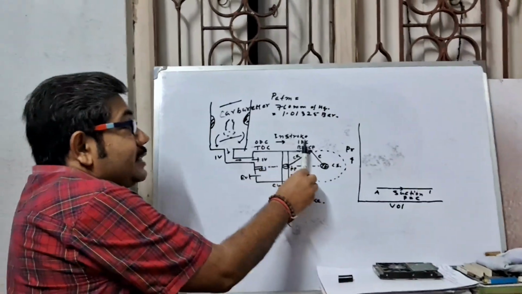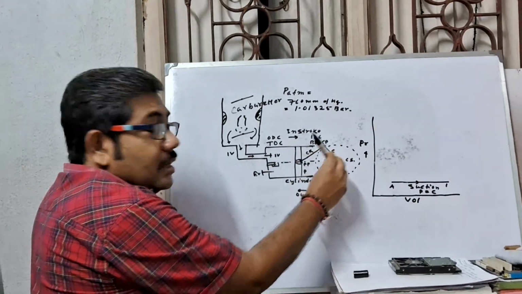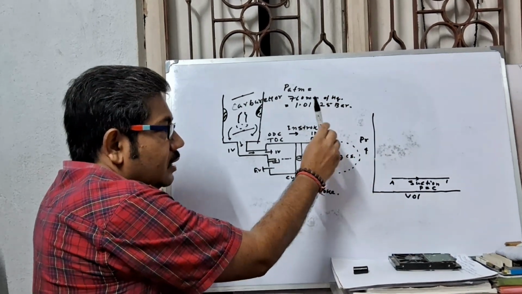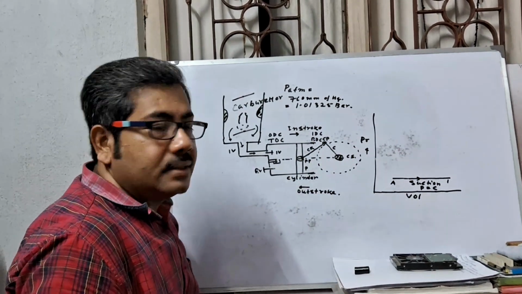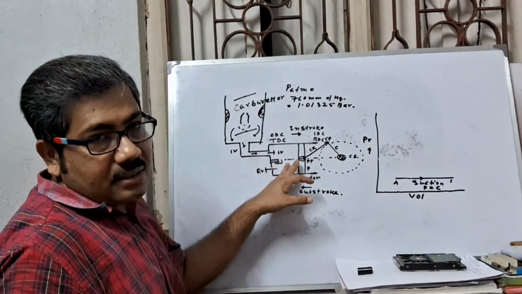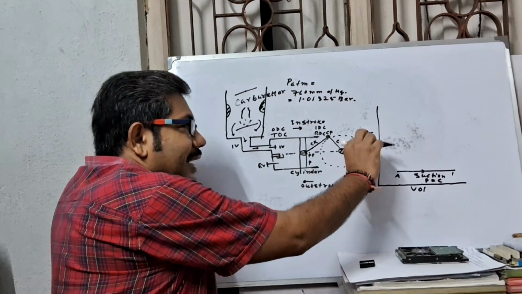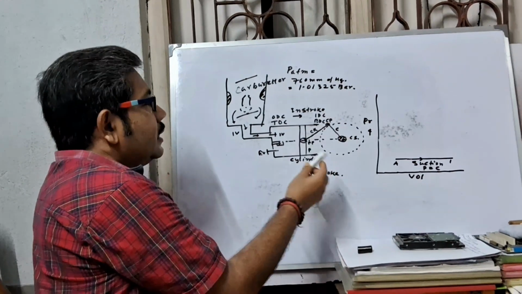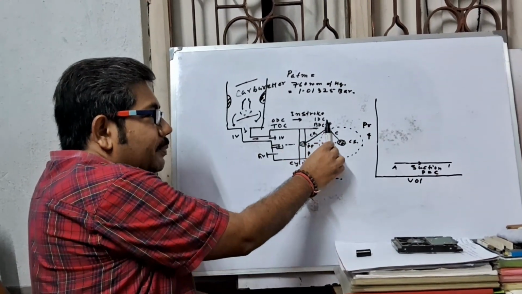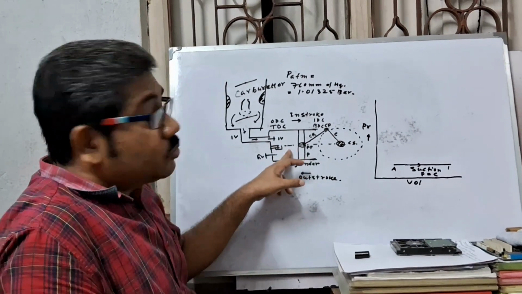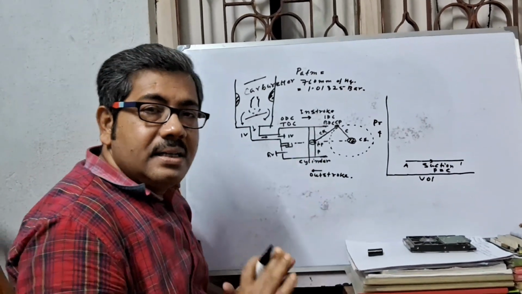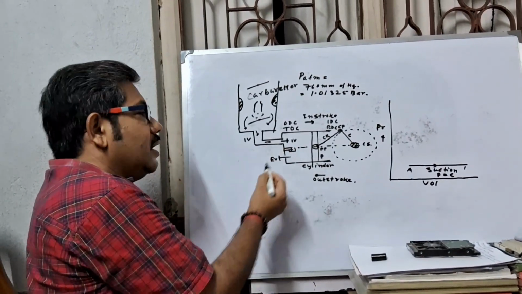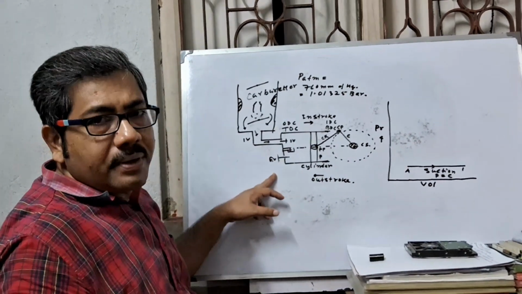When the piston reaches BDC, that means the crank rotates from negative x-axis to positive x-axis, then suction is completed. That means the air petrol mixture has entered the cylinder. As the crank rotates from positive x to negative x, that means the piston moves from BDC to TDC, and now the air petrol mixture inside the cylinder is compressed by the piston, so the inlet valve closes and the exhaust valve is opened.